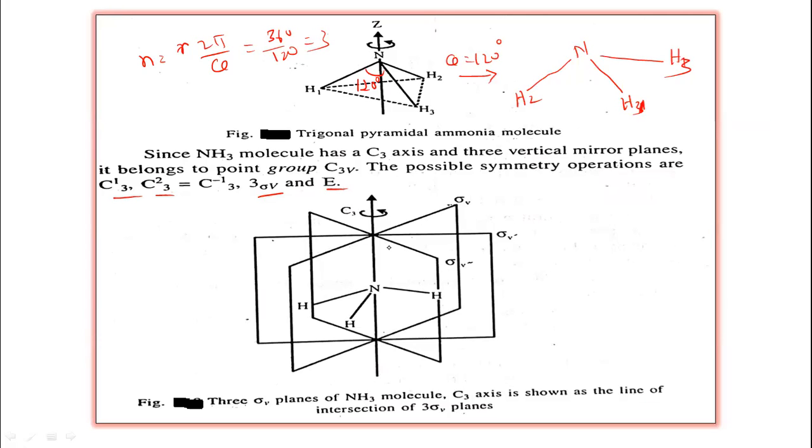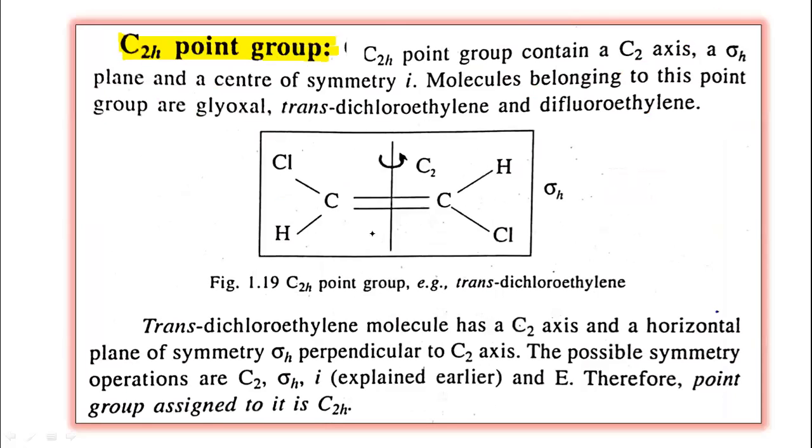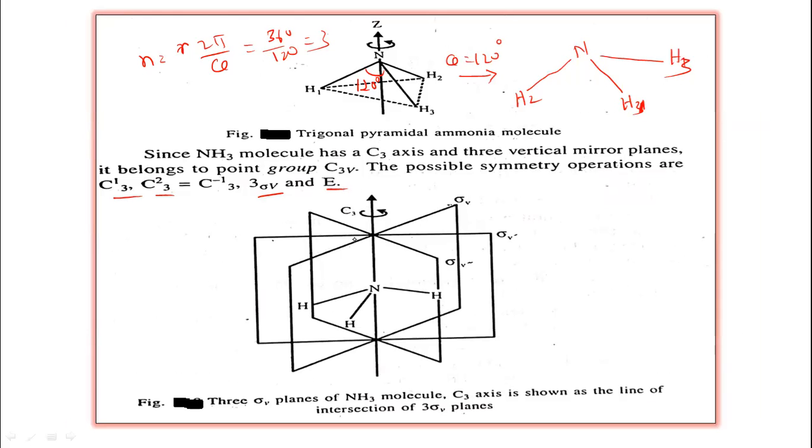So this diagram is shown here. You can see the vertical plane passing through the nitrogen atom and one of the hydrogen atoms. This is one vertical plane, this is second, this is third. Thus the ammonia molecule has symmetry operations C3^1, C3^2, 3 sigma v, and E. The principal axis is C3.